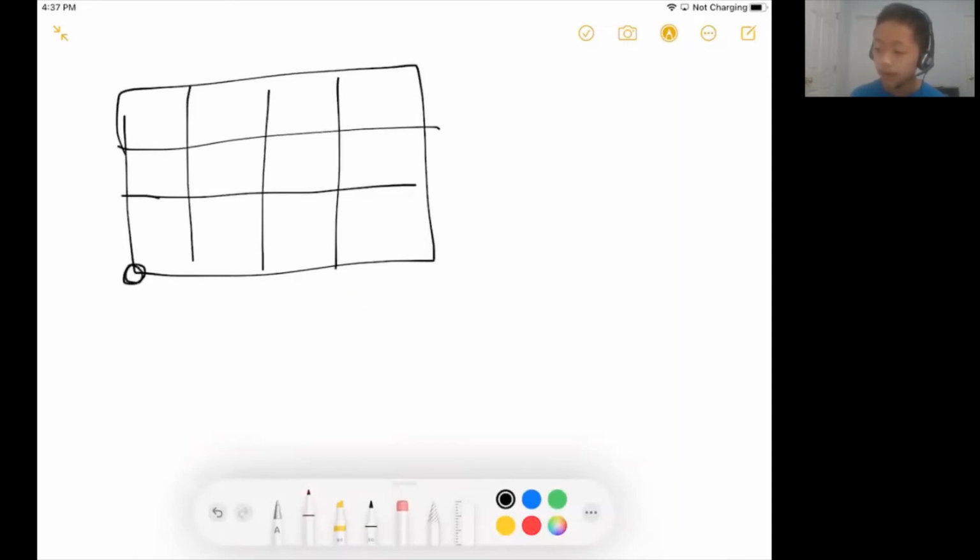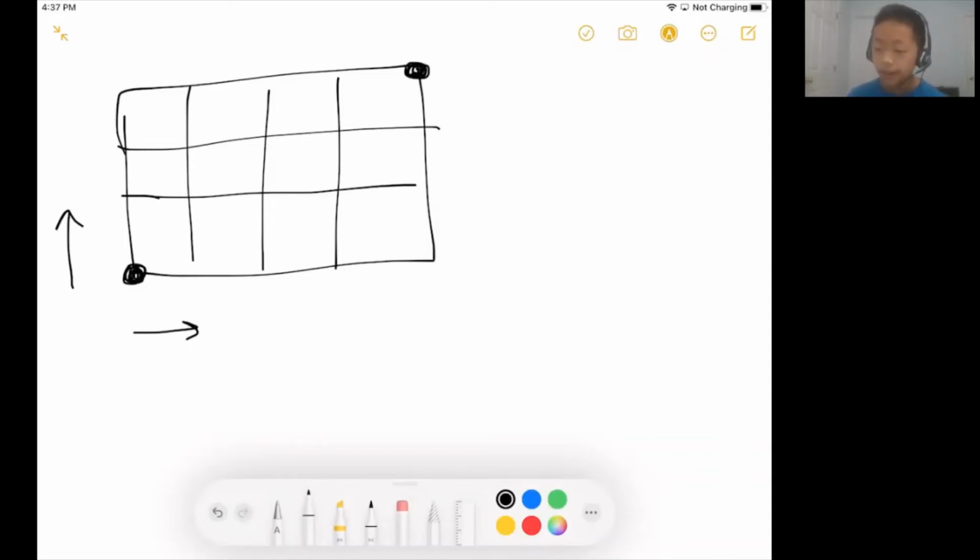Let's say we start at the bottom left corner, and on each move, we can take 1 step to the right, or we can take 1 step up. And we want to get to this top right corner here.